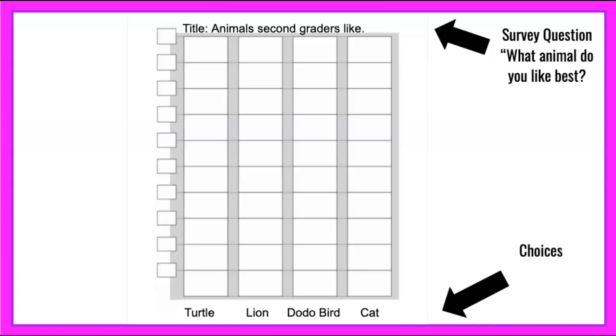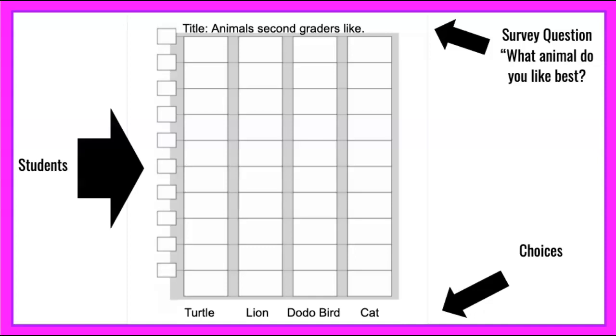And the last thing that we need to know in our graph before we put any data in is how many students chose each animal. Now we have 10 little boxes on the left side here, and we need to fill in some numbers into those boxes to show how many students voted for what animal.